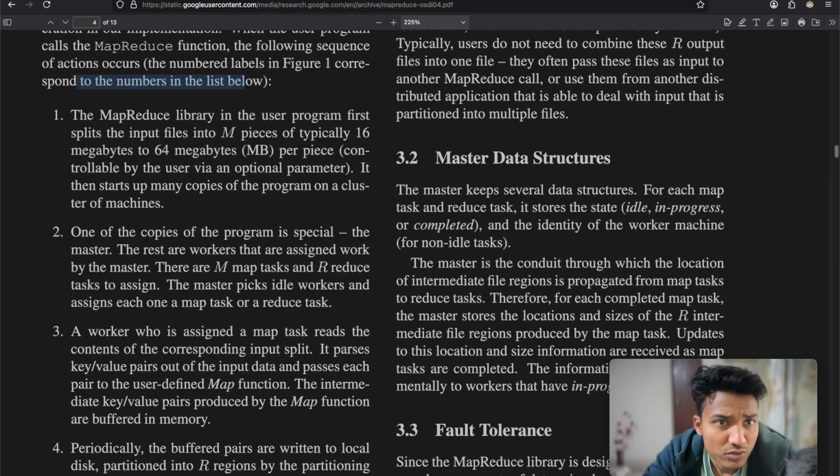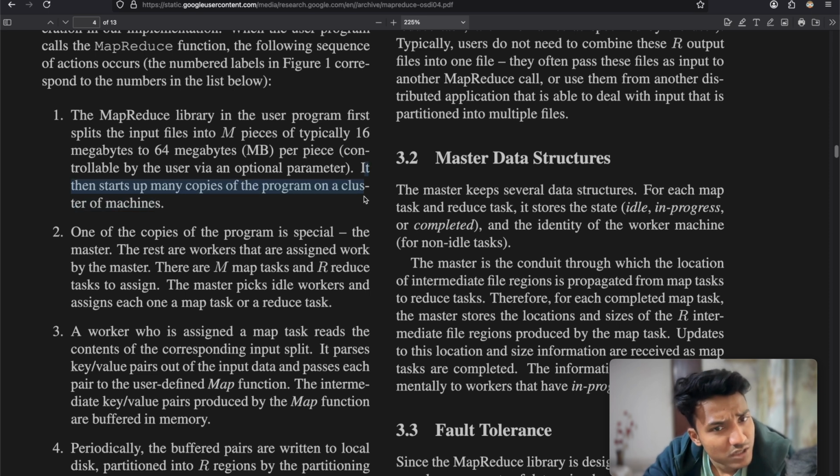Basically, they take the user program and split the input. The MapReduce library in the user program first splits up the input file into M pieces. It then starts up many copies of the program on a cluster of machines.